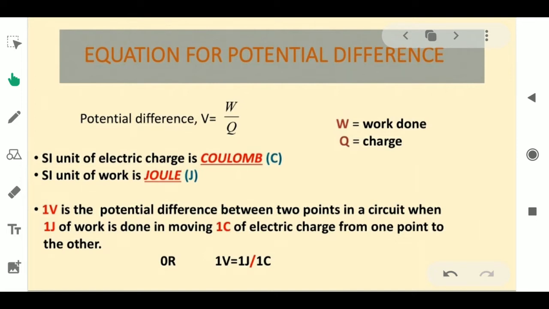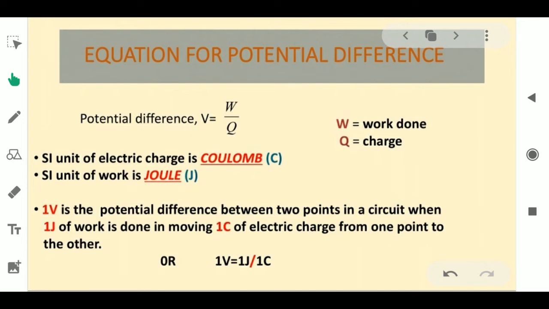In other words, 1 volt is the potential difference between two points in a circuit when 1 joule of work is done in moving 1 coulomb of electric charge from one point to the other. And the same sentence we can write like this: 1 volt is equal to 1 joule by 1 coulomb.